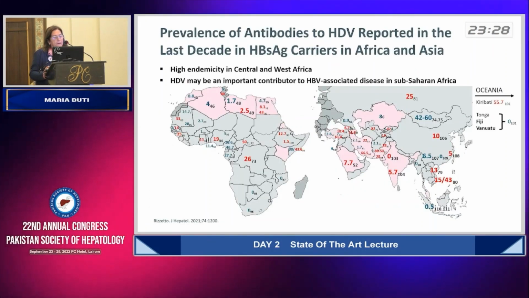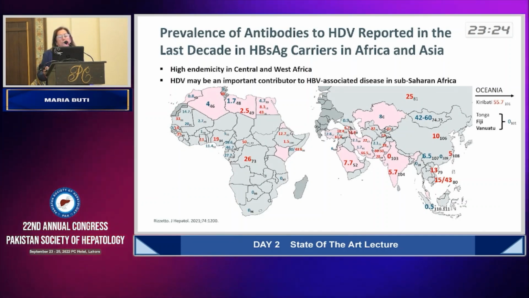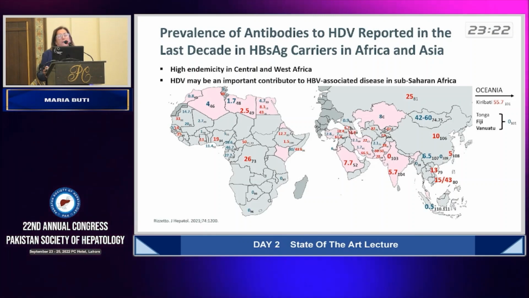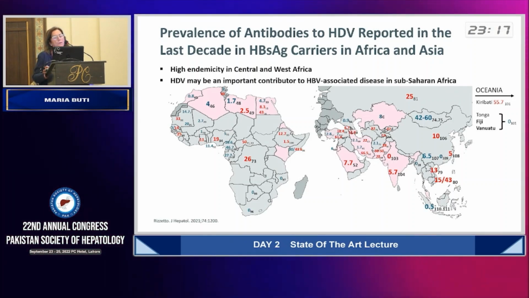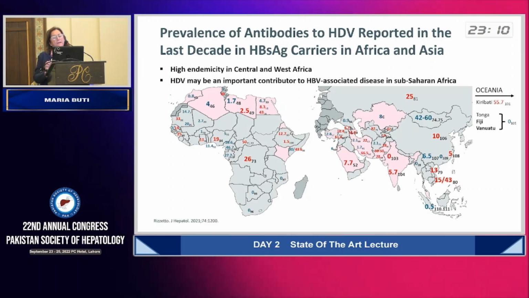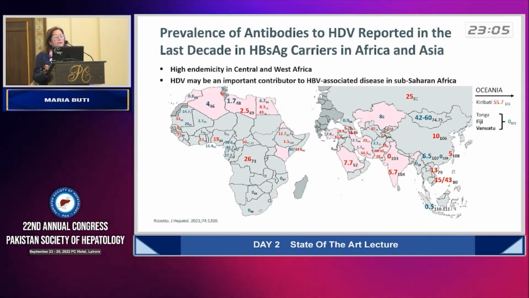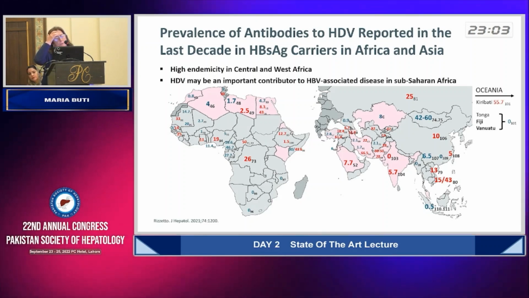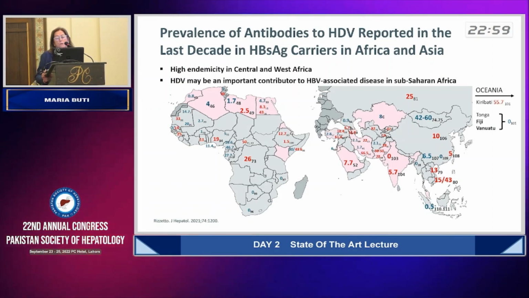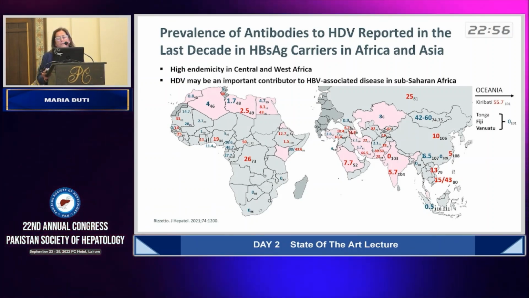There is a very nice review performed by Mario Rizzetto, the physician who discovered hepatitis delta in the late 70s, showing that the prevalence of antibodies in the last decade in HBs antigen carriers is particularly higher in eastern parts of Africa and also in some parts of Asia.